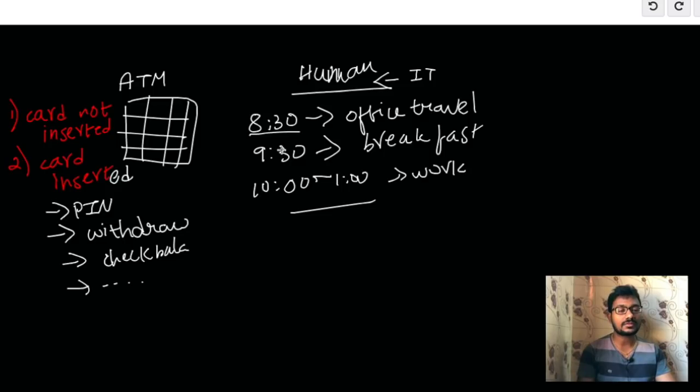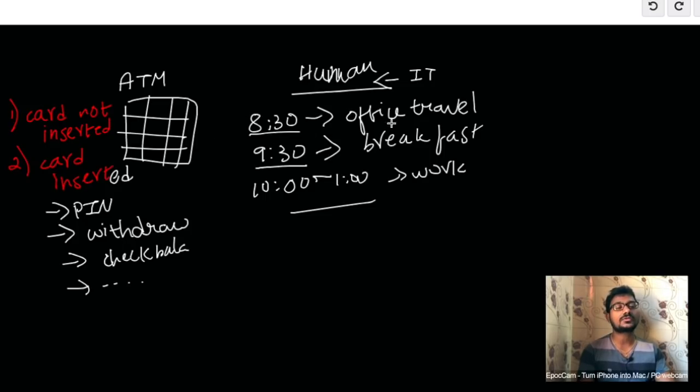So this is one of the states. And then the second state is 9:30: at 9:30 a.m. he will try to have breakfast. And then another state is 10 a.m. to 1 p.m., when he will try to work in the office. So these are the three states where the human's behavior completely changes based on the internal state.